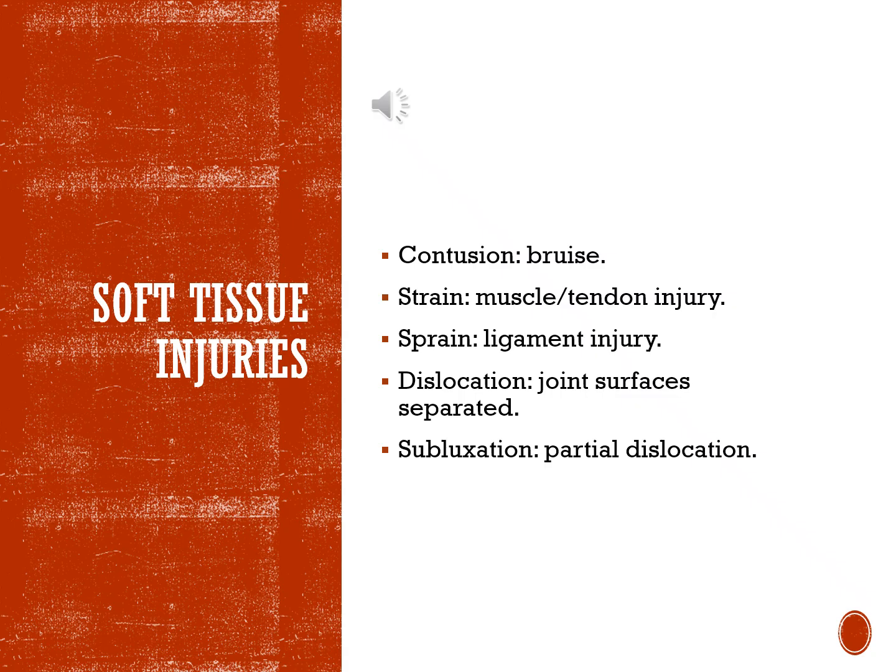We can have dislocations, which can be areas of joints where, like, the arm pulls out from alignment with the shoulder. Usually all of this requires pretty quick attention to avoid permanent damage. So if your patient gets a dislocation of the shoulder and their shoulder's hanging out, we want to take care of it quickly and reset it in place, since it can cut off circulation and cause neurovascular compromise.